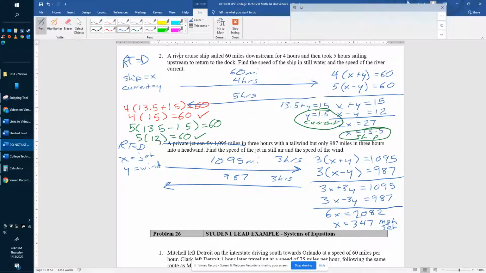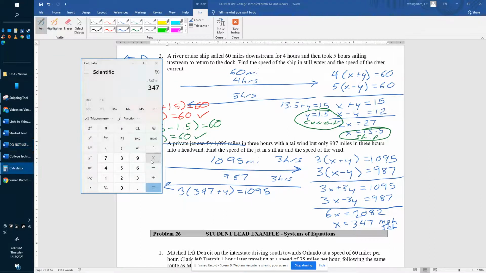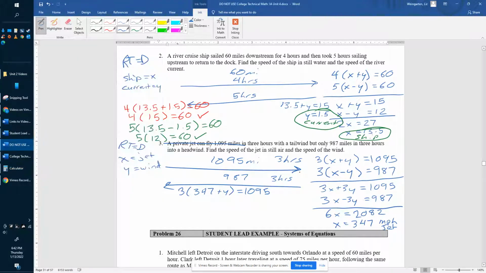Let's see if we can figure it out for the tailwind. So I'll plug 347 into our first equation. Distribute that. 1041.